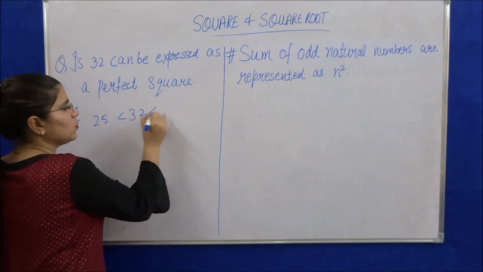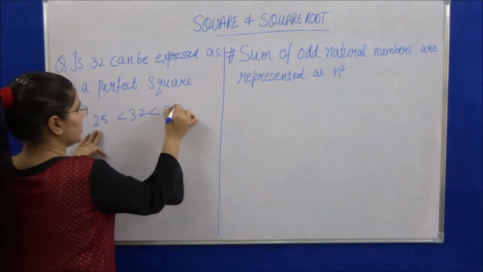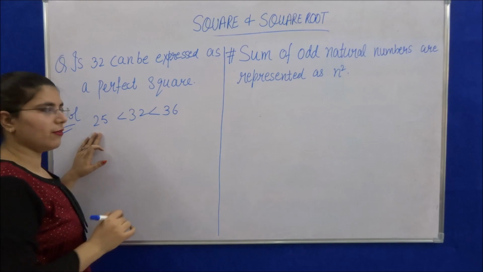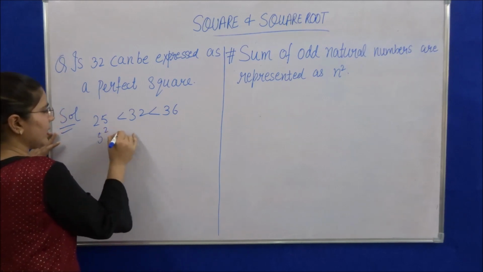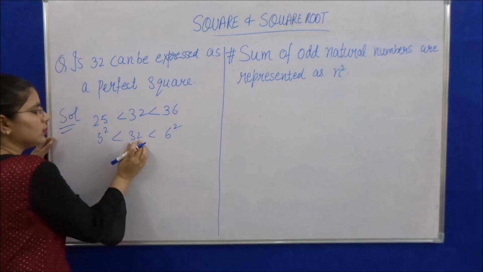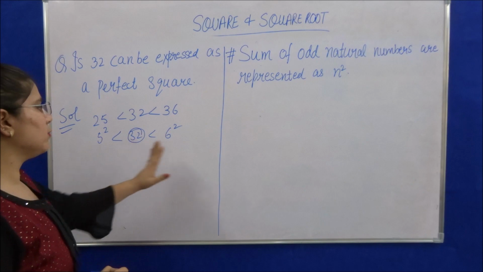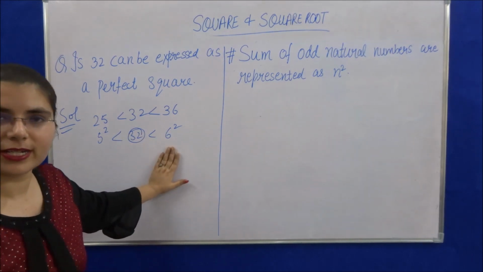Again, 32 is greater than 25 and less than 36, which is also a perfect square. So we can write it as 5 square less than 32 less than 6 square. So 32 lies between two consecutive perfect squares.